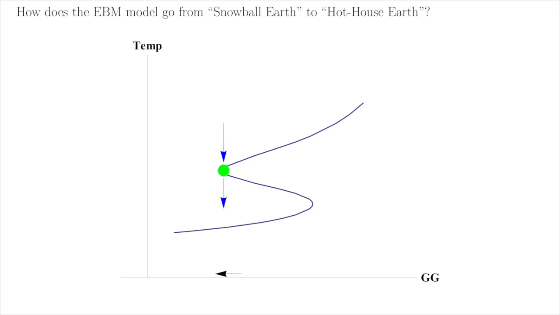Now, eventually, we find ourselves at the node. If the greenhouse gases decrease a little bit more at that point, we're going to rapidly transition back down to a snowball Earth state. So these fold bifurcations we see allow us to jump from snowball Earth states to hothouse Earth states and back again as the emissivity of the planet changes.